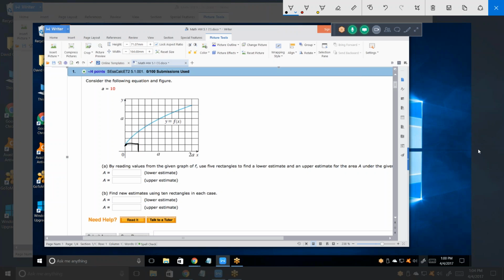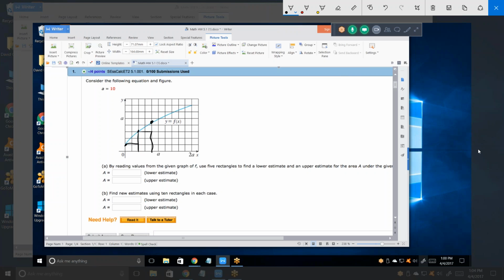Well, what's the width of each rectangle got to be if they want 5 rectangles between 0 and 20? 4. Okay, so that width is 4. Now I'm going to put another rectangle in there starting with the upper left-hand corner that's also 4 units wide, and I'm going to do that strategy.